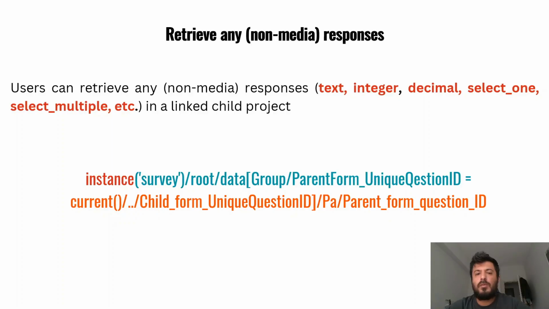In instance we again use our connection name, then between the curly brackets, on the ID question, we are matching whether the child side of the form is equal to the parent side of the form. If this unique code matches between the two forms, then we bring the parent form question, such as name, gender, or age information. I will explain it in the forms directly.